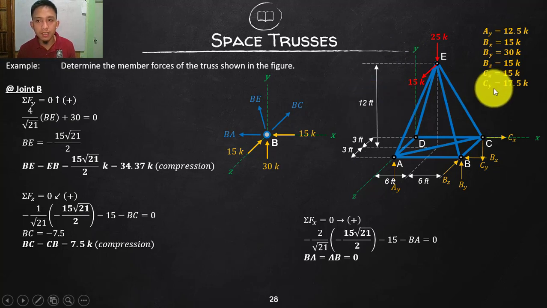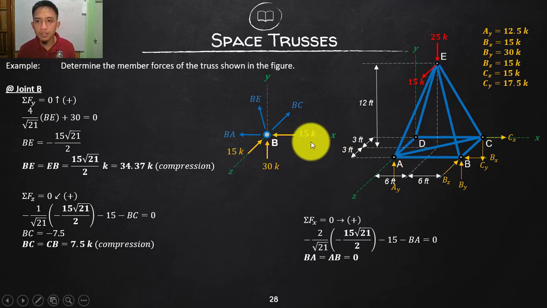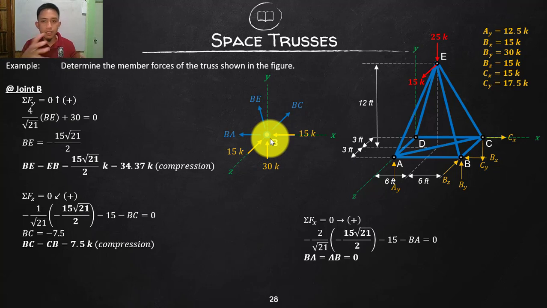It's okay if you have already mastered taking moments with respect to an axis. But since you need to master that first, I will stick to the method of joints. If you are already used to getting the moment with respect to an axis, then later on you can mix together the method of sections and the method of joints.